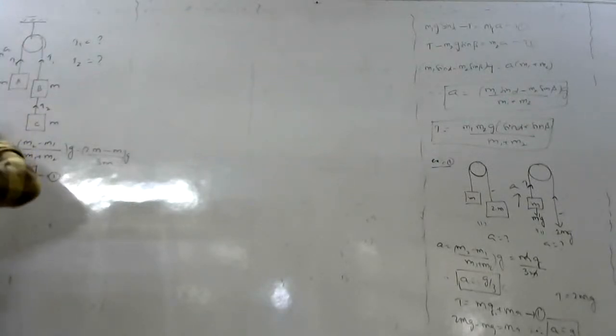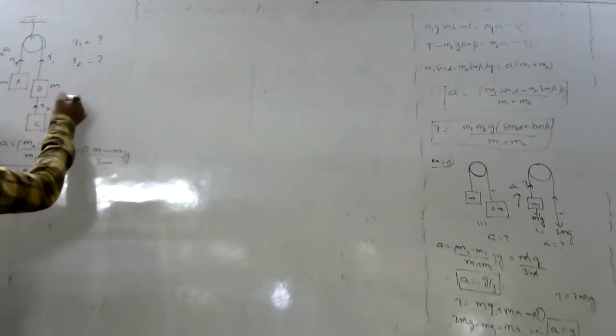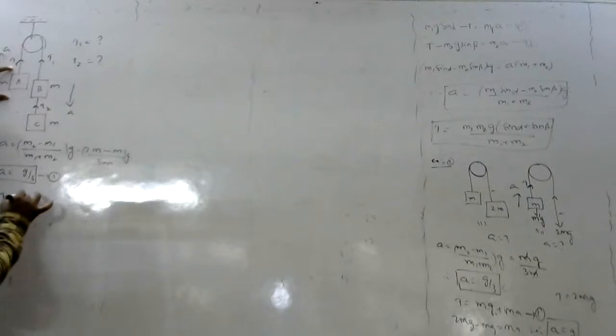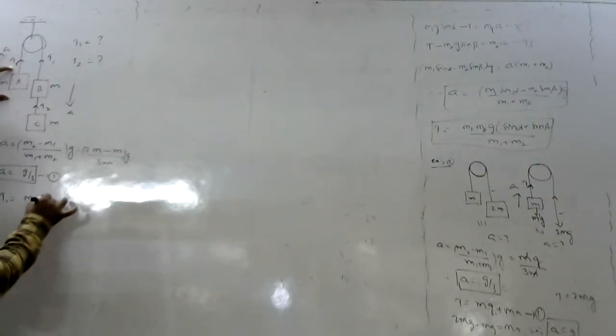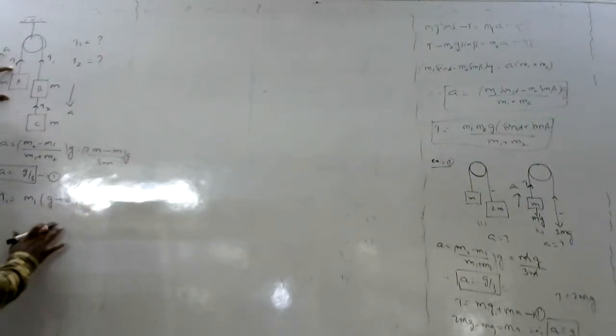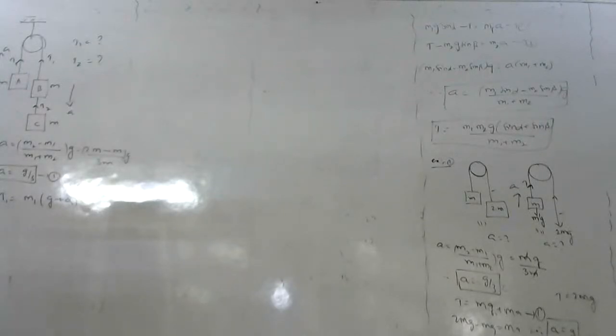So this is the acceleration. And also here A moves upwards and B and C move downwards with the same acceleration a. So from this diagram we clearly have T1 is equal to m1 into (g plus a).